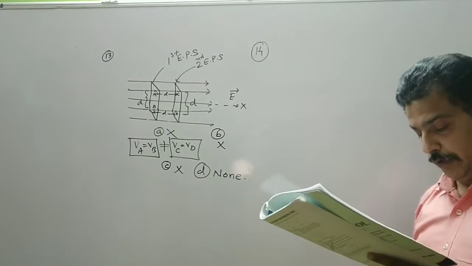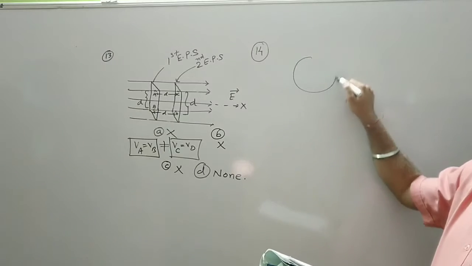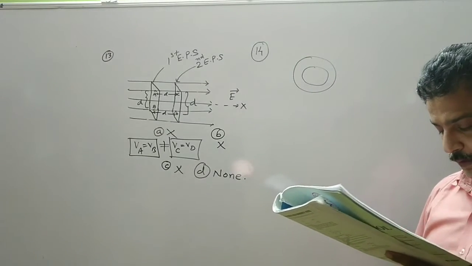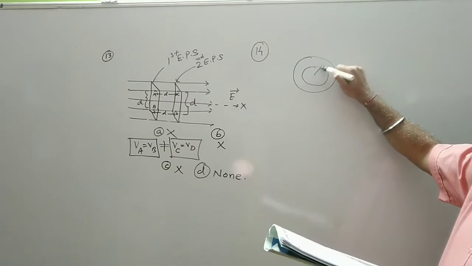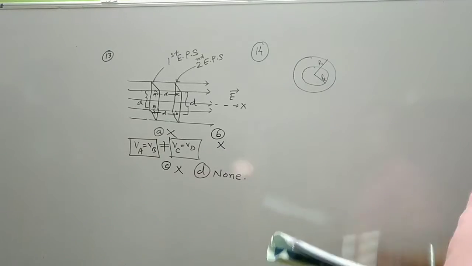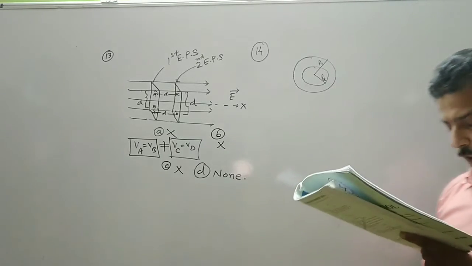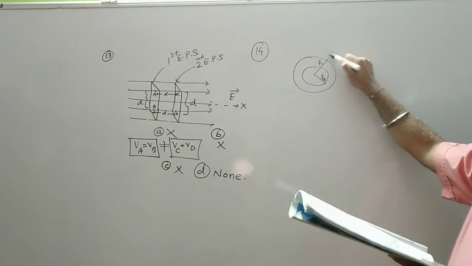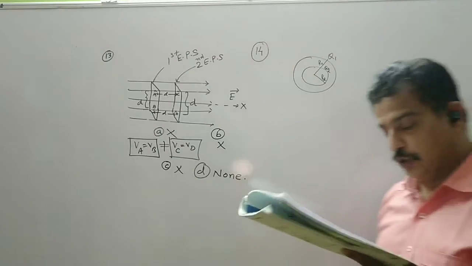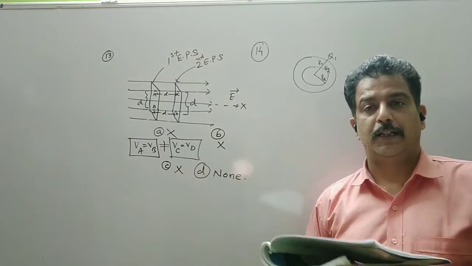Again, we have two concentric metallic spheres. Two conducting spheres are given of radius R1 and R2. It is given that R1 is greater than R2. They bear charges Q1 and Q2 respectively. The geometry is similar to MCQ number 12.